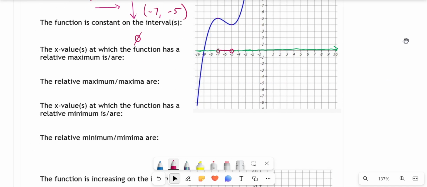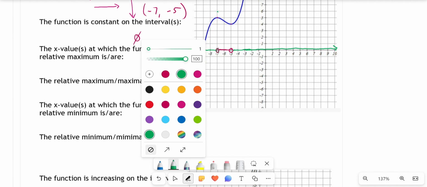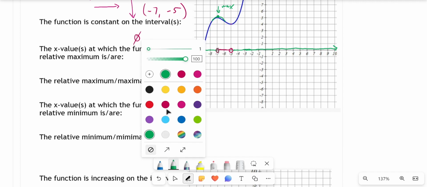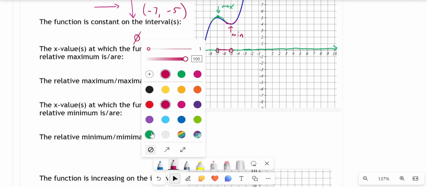Relative maxes and mins. So a relative maximum is quite simply where it has a peak, a local peak. It's increasing and then it's decreasing. This is a maximum. On the other hand, a minimum can be found in the opposite situation, where it goes from decreasing to increasing, then it's a minimum. So they want the x values for the relative maximum here.